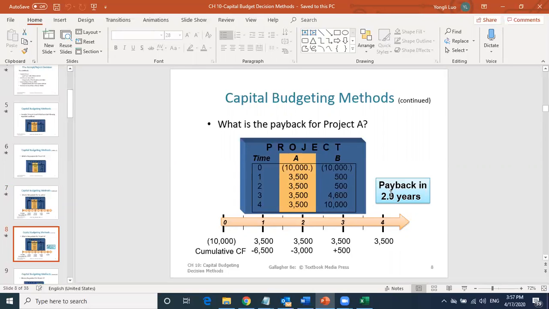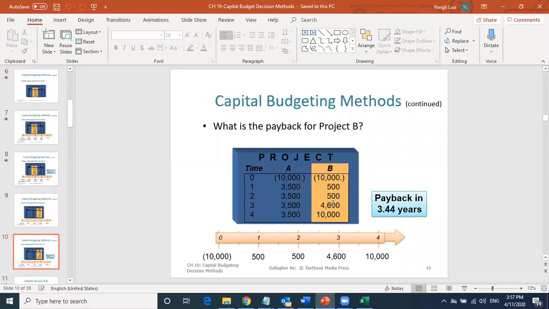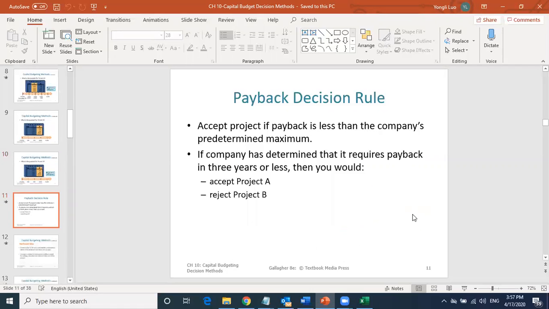The payback period for project A is 2.9 years. For project B it is 3.4 years. So project B takes longer. If you just do the calculation, you will accept project A.